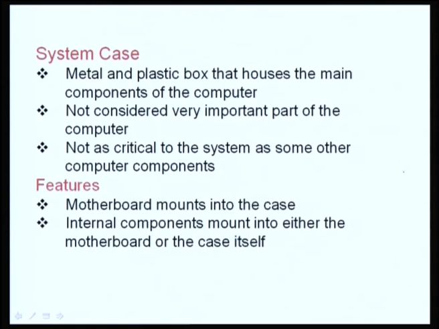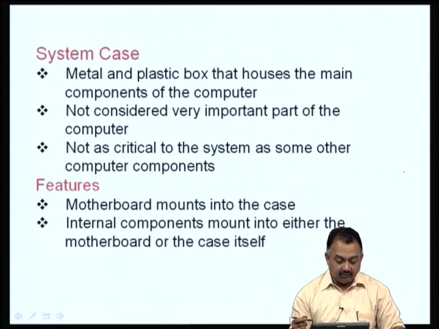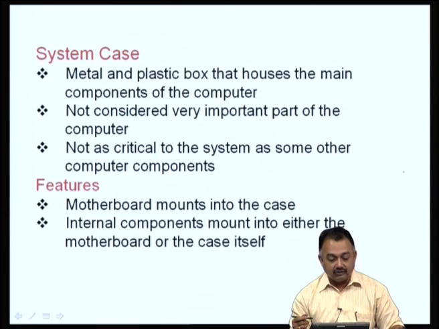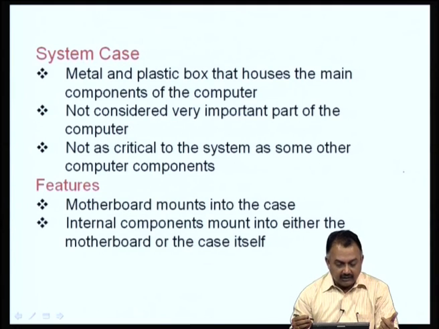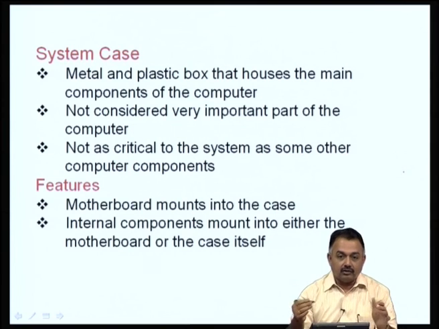System case, again metal or plastic box, earlier it was metal, then came the plastic, then again people have improved on these materials, so that there is minimum electromagnetic interference from the body of the computer, which will not reduce the electrical performance. But it is not a typical packaging activity, not as critical to the system as other active devices, like the core processor.